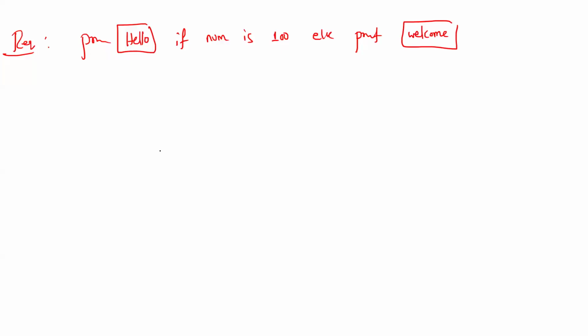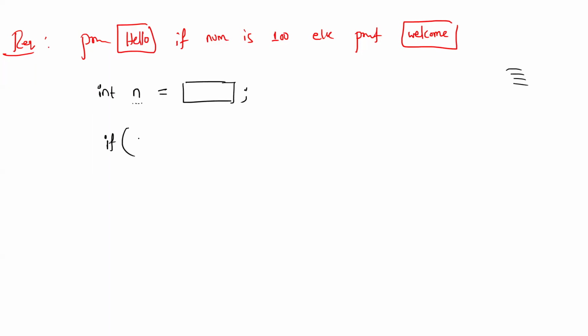So first, what's the input type? Integer, so int is my data type. I'm not writing out the thinking process. Int, some n is my variable. You can take num or anything, it's your choice. For the time being I'm not taking a value, because logic never depends on the value. Logic depends only on the variable. Remember this point. Then which condition block to start? If. What is the condition?